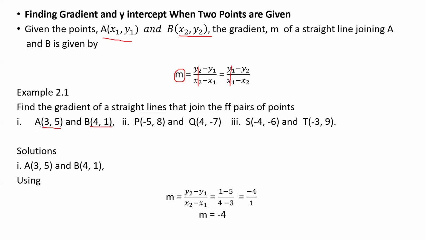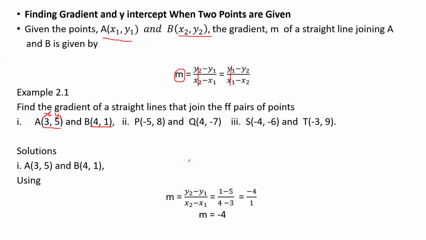So if we start with A, we let x1 be 3, y1 is 5. Then B becomes x2, y2. We can put them in to get y2 minus y1 over x2 minus x1. Let's do that one. We can also use the other order.